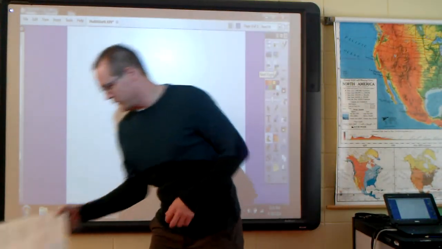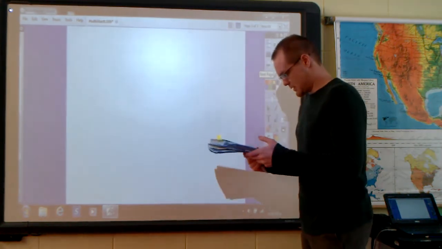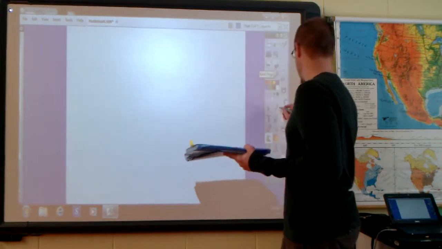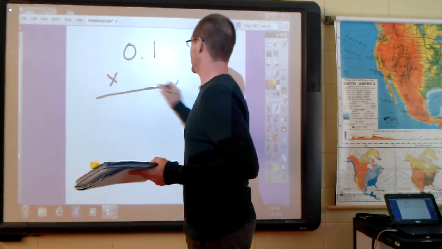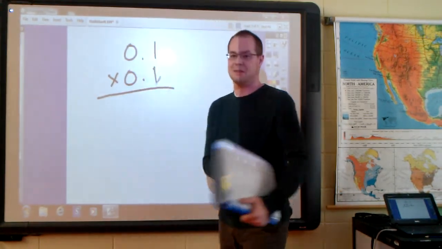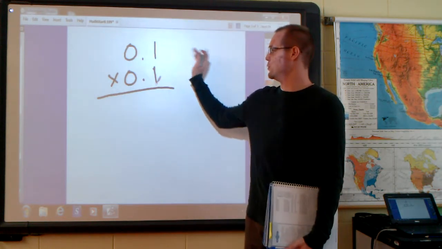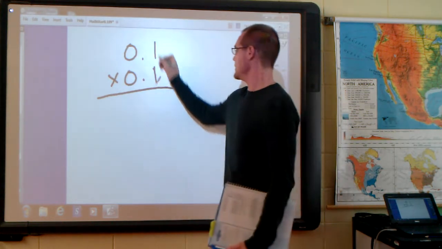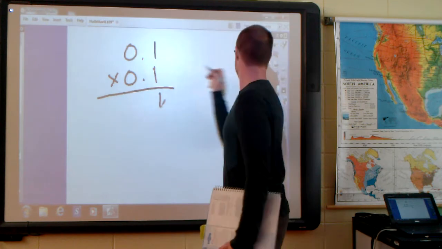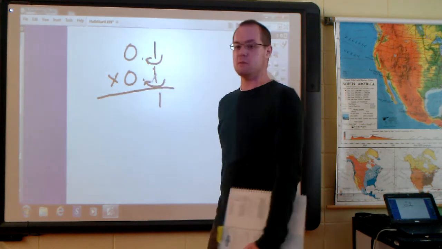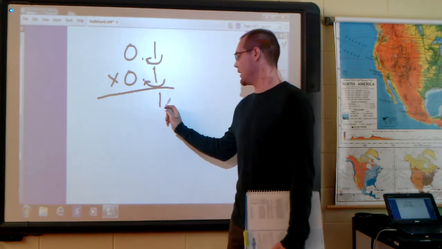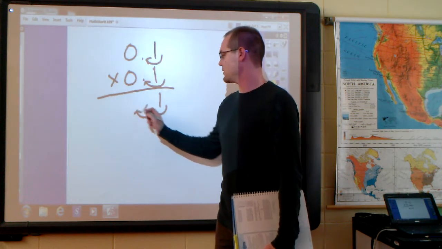Okay? Moving on. It says we can also do that with decimals. If we multiply 0.1 by 0.1, you multiply them just like anything else. 1 times 1 is 1. Now, you count the number of decimal places you have. I have 2 decimal places, so you start at the right side and go 2 decimal places over.